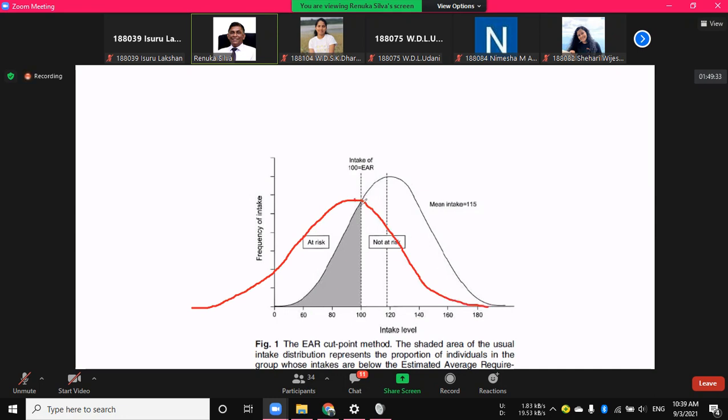In a normal population, 50% is an inadequate amount. In a normal population, 50% of the people have less than EAR. But in this population, look at that, less than 50%. A lesser proportion is having inadequate intake, so this is a better population.